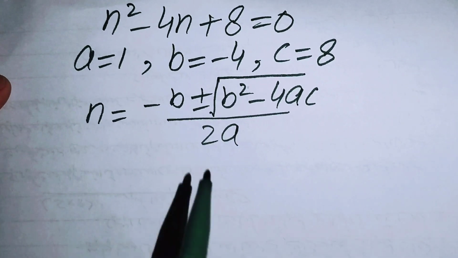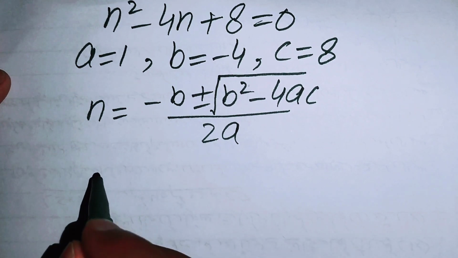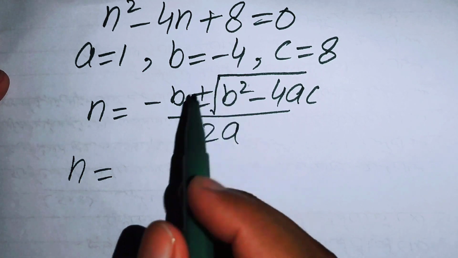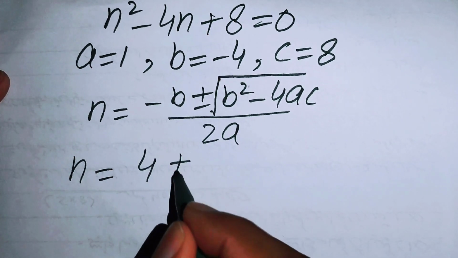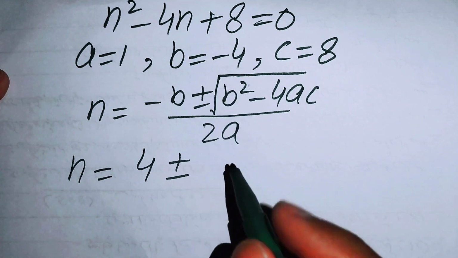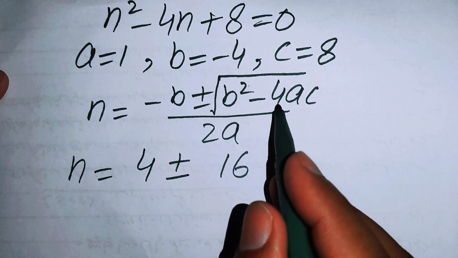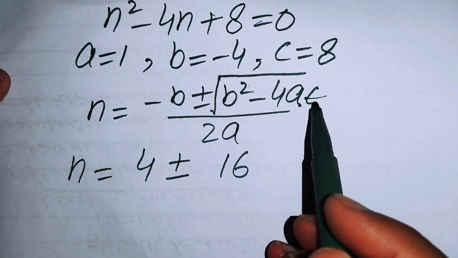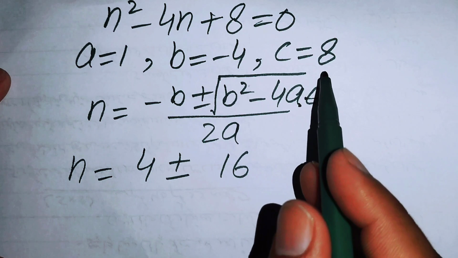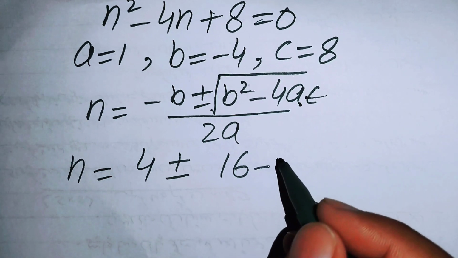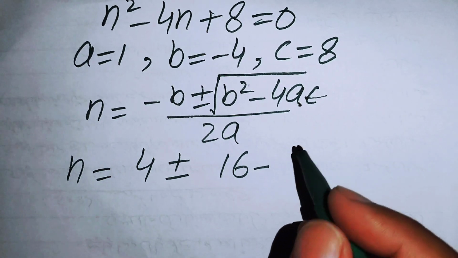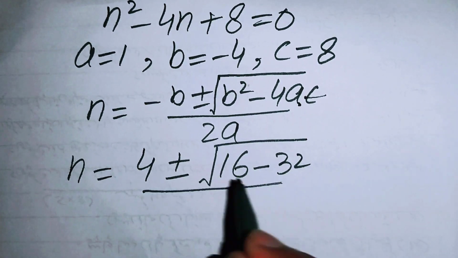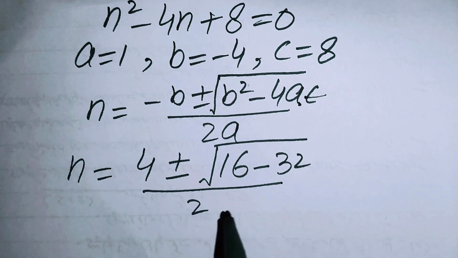And now we put the values of a, b and c in this quadratic formula, and you get n is equal to minus b, the value of b is minus 4, so when you put it here you get plus 4, plus minus square root of b squared, and minus 4 squared is equal to 16, minus 4 times a and c, the value of a is 1 and c is 8, so you get minus 4 times 8 is minus 32, and its square root, over 2 times a, and a is 1.